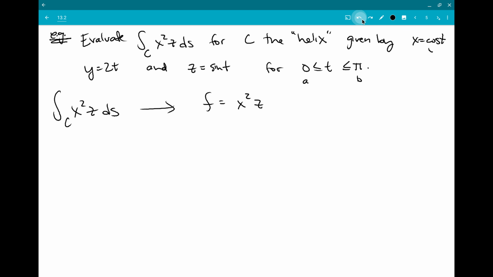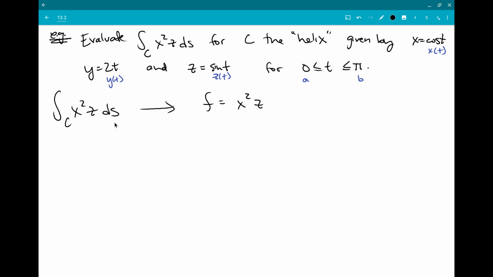Let's do that with different colors for everything. So in this problem, I was given my parameterization: here's my x of t, my y of t, my z of t, a parameterized curve for x, y, z developing in time. And then I'm told that time runs from lower bound a equals 0 to upper bound b equals pi.